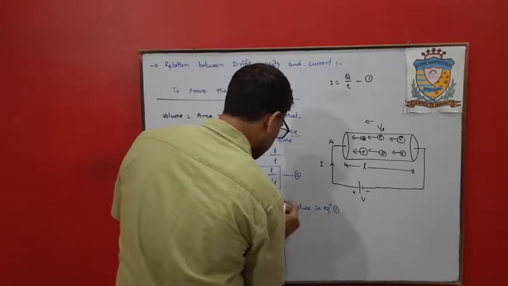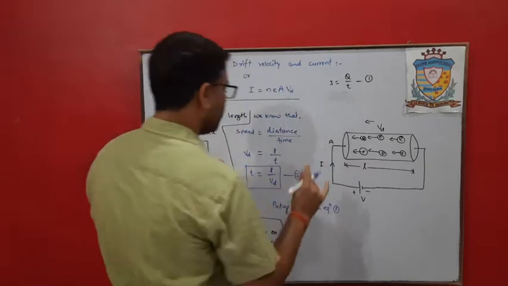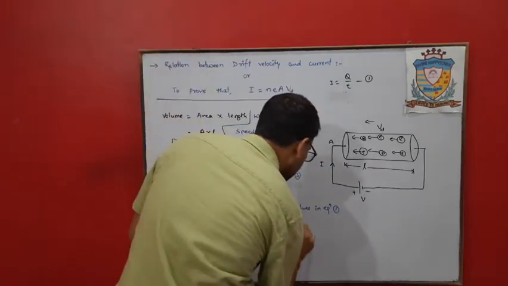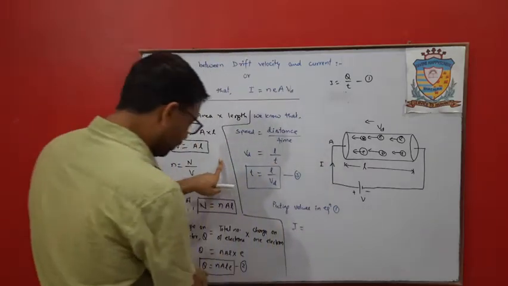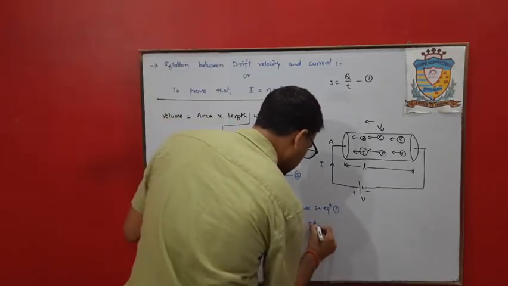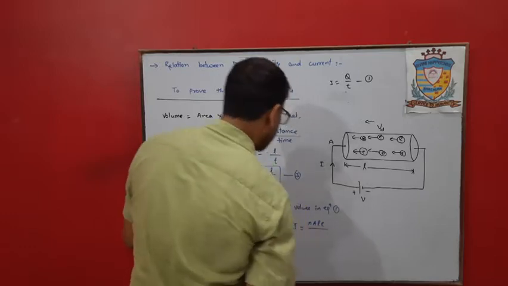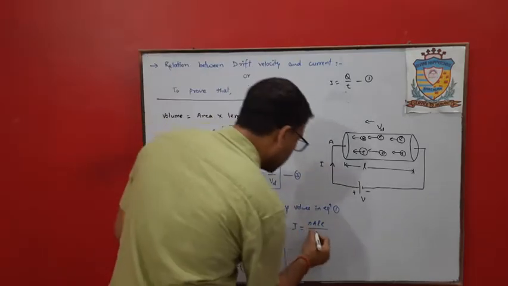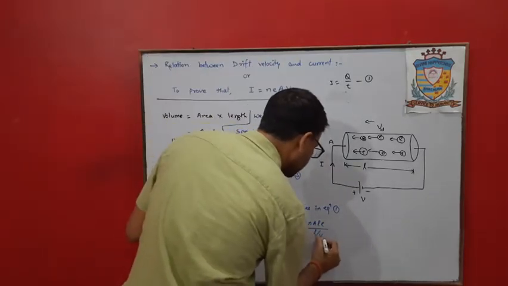Putting values in equation 1, I is equal to Q upon T, and the value of Q is N a L into e. So I equals N a L e upon t, where t is L upon Vd.